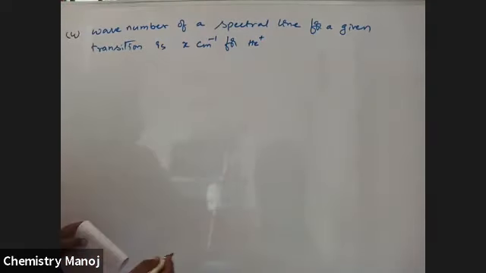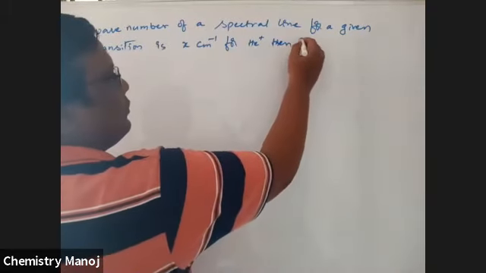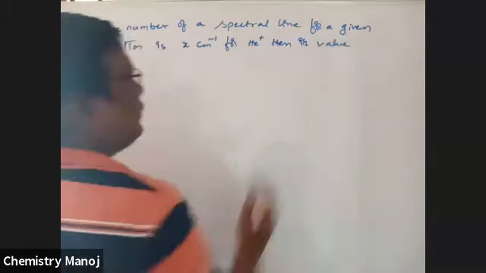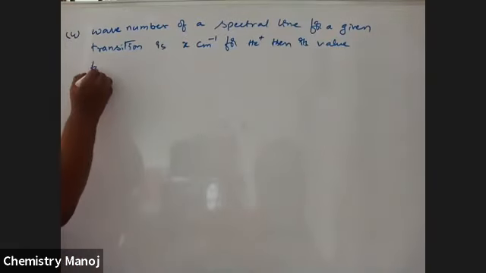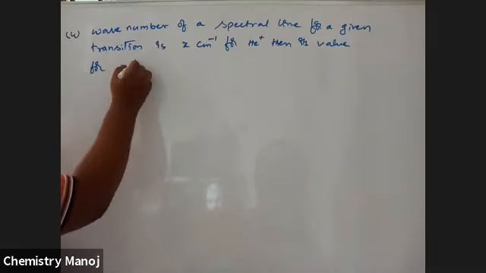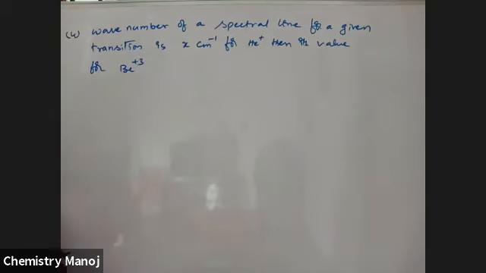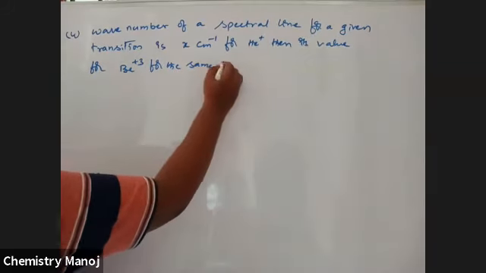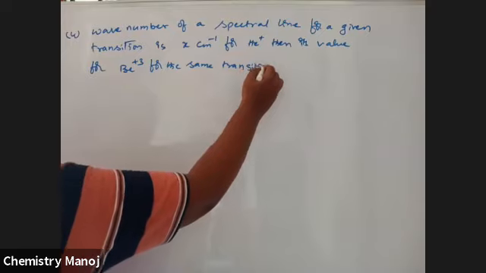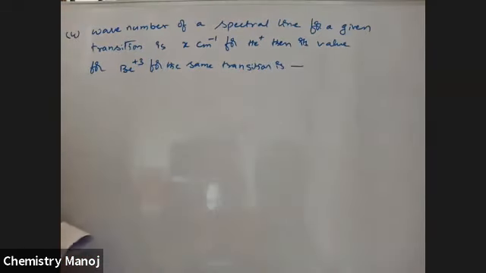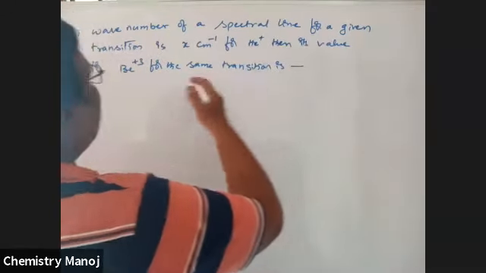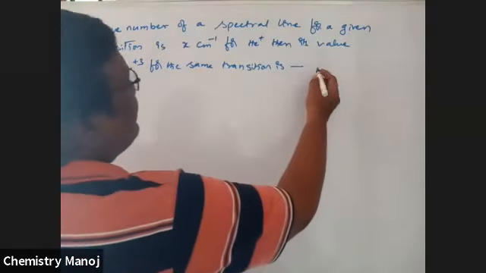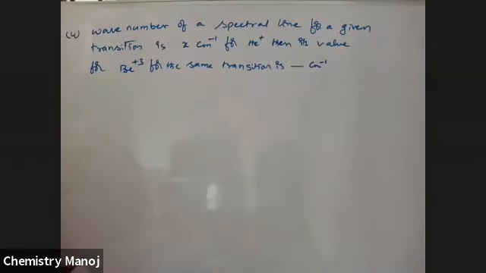Then its value for Be 3 plus for the same transition is dash centimeter inverse. So try it.